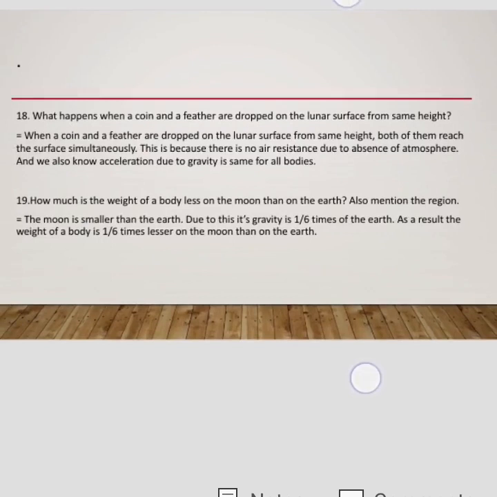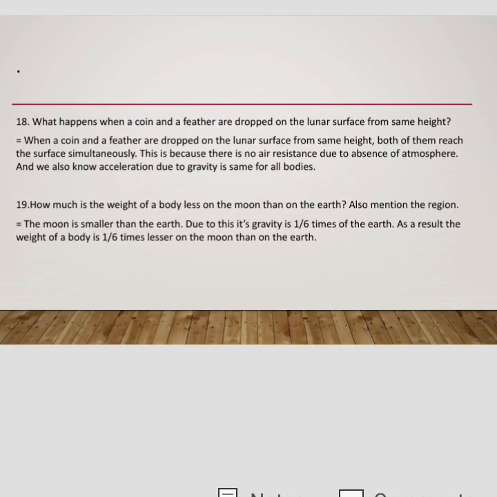Like that, question number 18. What happens when a coin and a feather are dropped on a lunar surface from the same height? Here lunar surface means the moon surface. Don't be confused. When a coin and a feather are dropped on the lunar surface from the same height, both of them reach the surface simultaneously. This is because there is no air resistance due to the absence of atmosphere, and we also know that acceleration due to gravity is the same for all bodies.